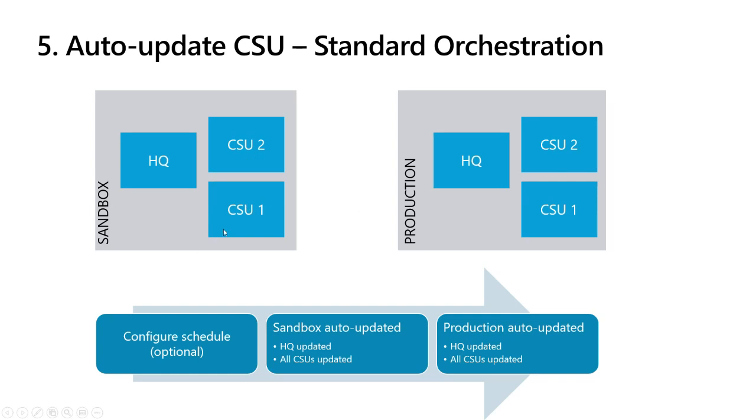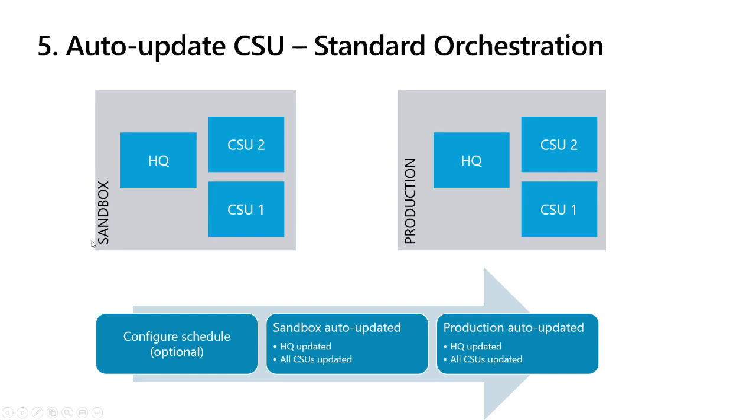In the standard orchestration flow, we'll first update your sandbox UAT environment, and within it, we're first going to update your HQ component, and then we're going to update one CSU. So we're not going to update all of the CSUs in your sandbox UAT, only one, and it's going to be chronologically the first one that you have deployed in your environment.